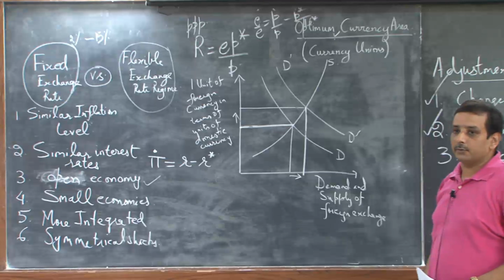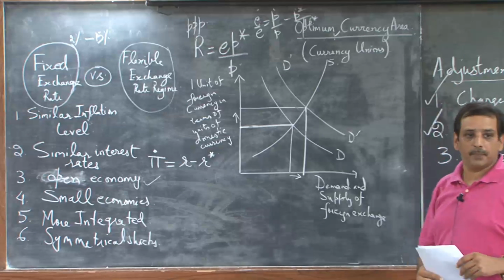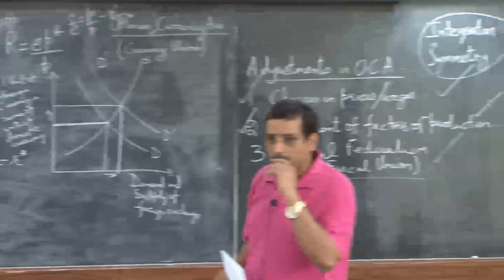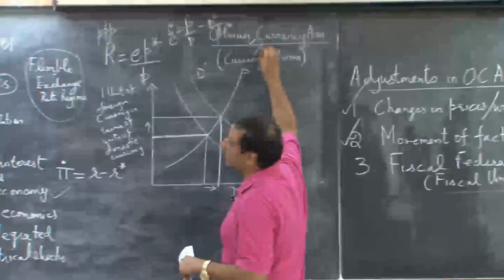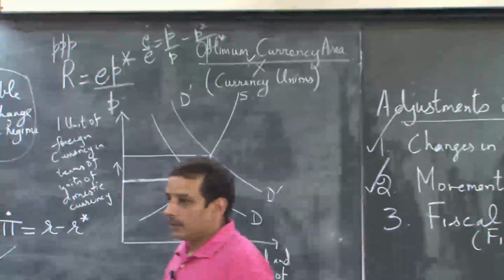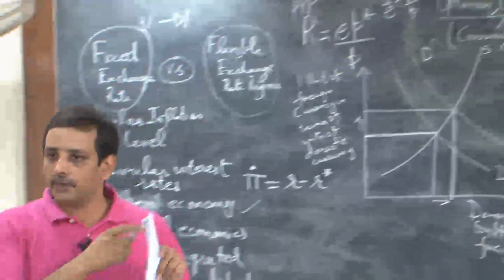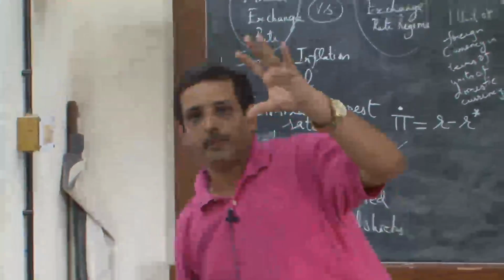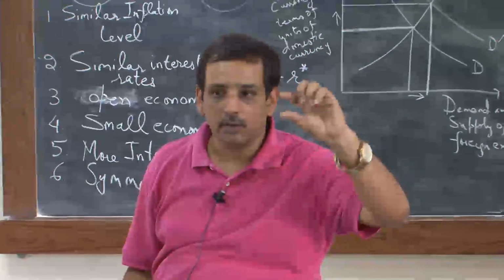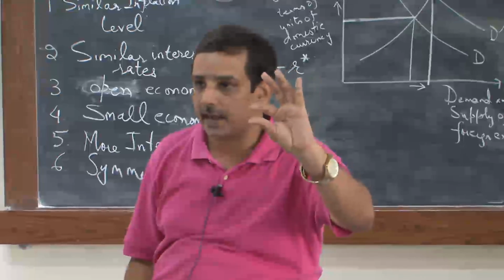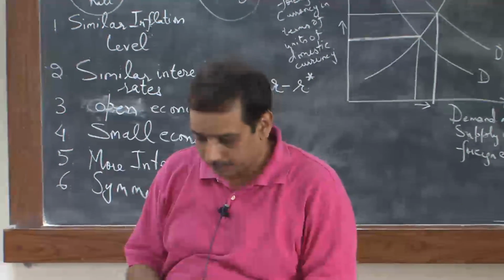The Danish, the Swedish, the United Kingdom, they didn't want to be a part of the optimum currency area. So, if you had seen the earlier table, the entire Europe is divided into Eurozone, ERM, exchange rate mechanism, and others.